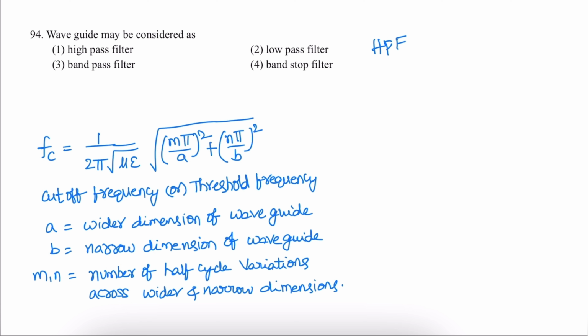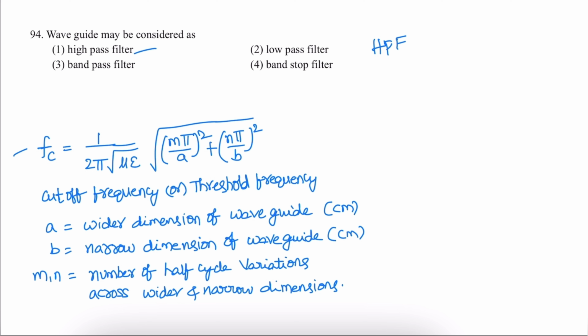Only the frequencies greater than the cutoff frequency are propagated, and the cutoff frequency of this high pass filter is Fc equal to 1 by 2 pi square root of mu epsilon, times square root of (m pi by a) whole square plus (n pi by b) whole square, where a is the wider dimension of the waveguide in centimeters and b is the narrow dimension of the waveguide in centimeters, m is the number of half cycle variations across the wider dimension, and n is the number of half cycle variations across the narrow dimension. So a waveguide is considered a high pass filter.